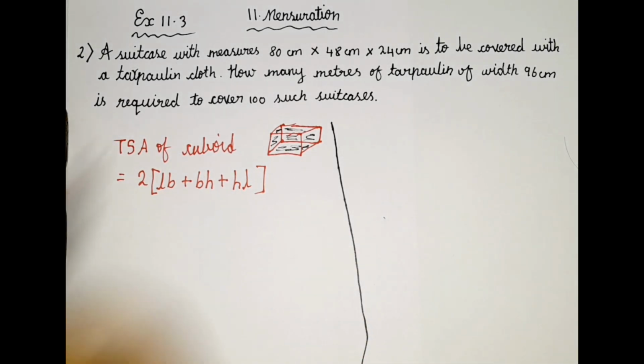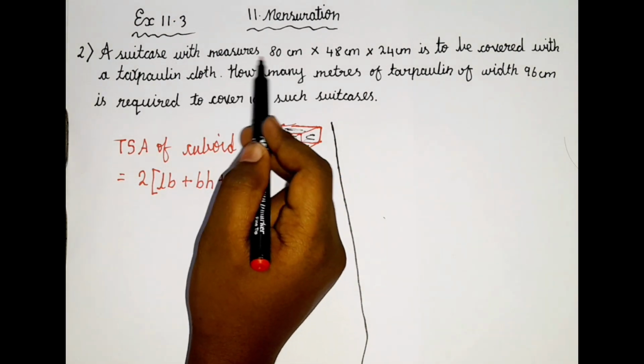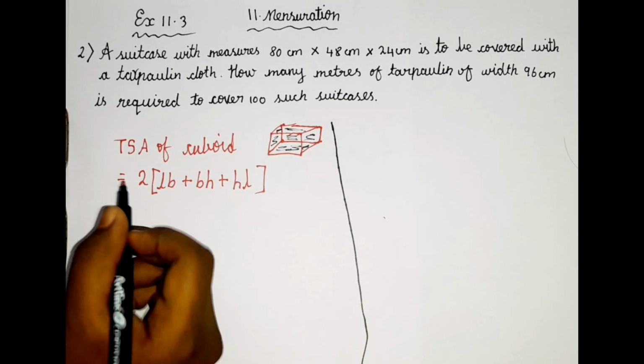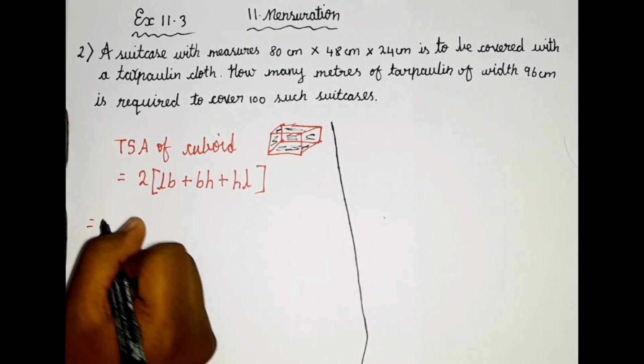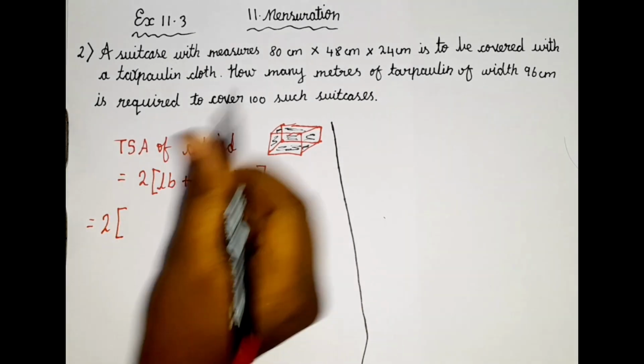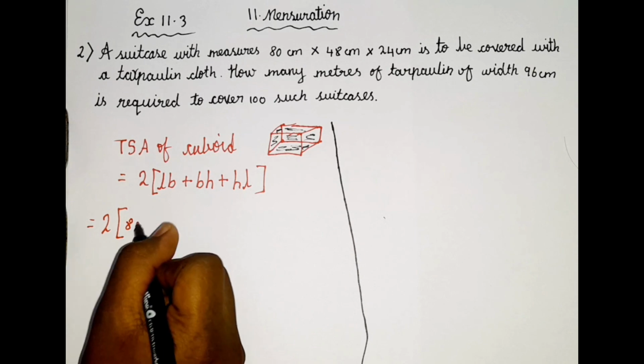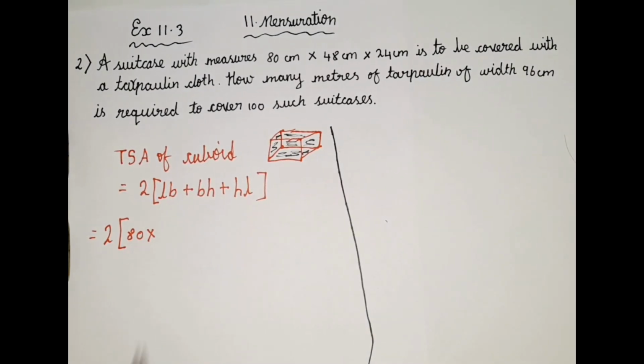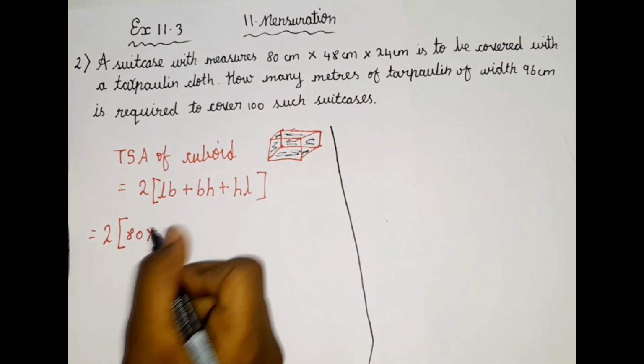So here the first one is length, okay? If they don't give anything like this is the length and this is the breadth, we take the first one as the length. So what is the length? 80 into. So what is the breadth value? Because here we have B, right? So breadth value, that is 48 centimeter.